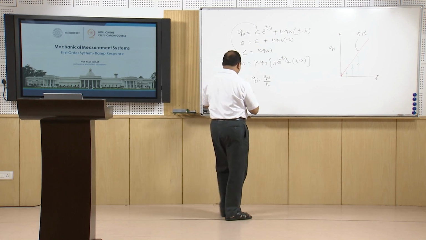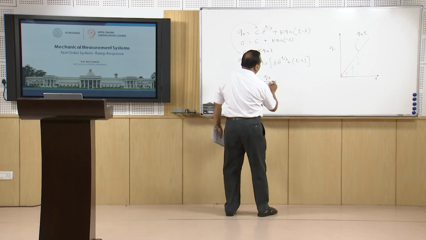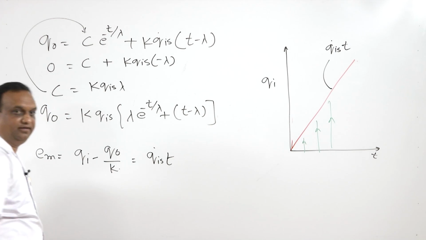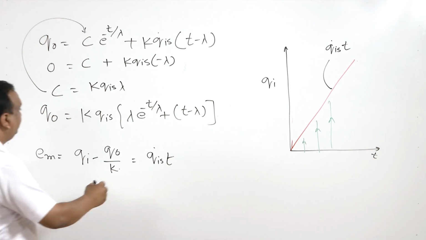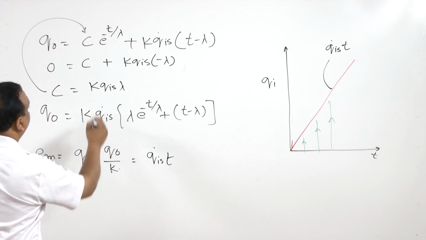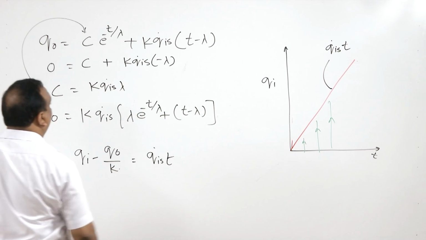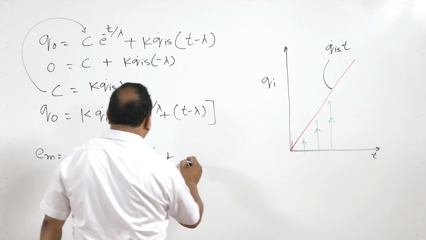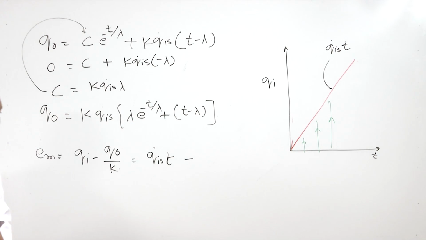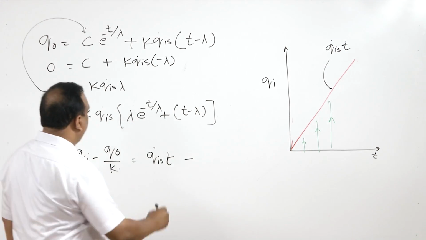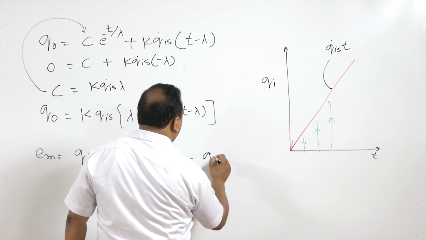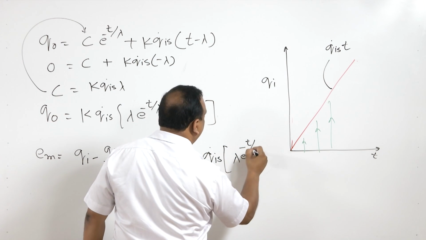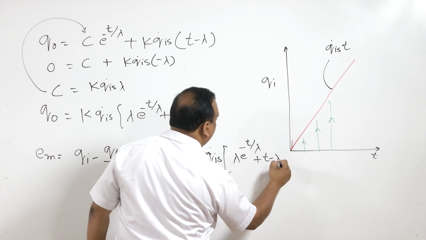Now when we are doing this, we will get Qi is Qis dot t, minus Qo by k, which is Qis dot lambda e raised to power minus t by lambda plus t minus lambda.